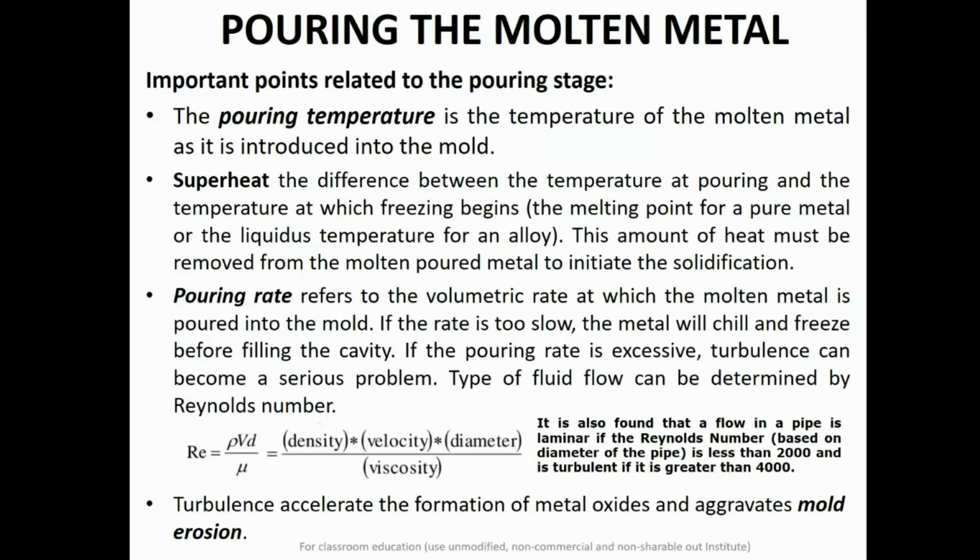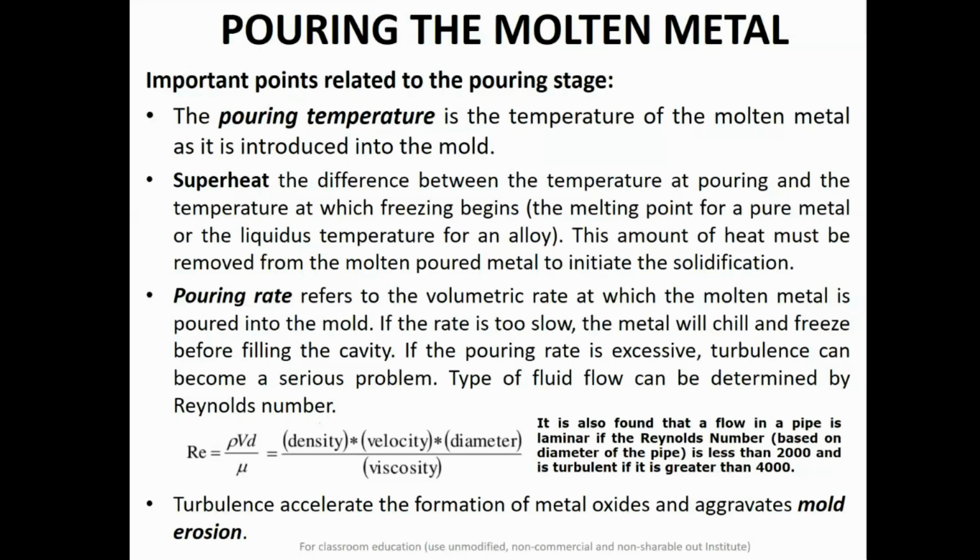So the formation of metal oxide will be higher, and too high a pouring rate also results in mold erosion. Mold erosion will cause further problems in the flow of the molten material, and it will also result in a defective cast product.